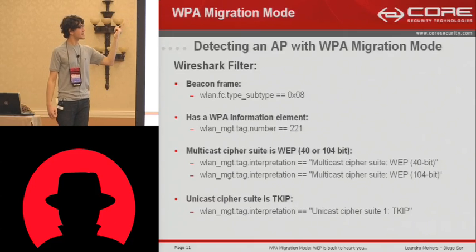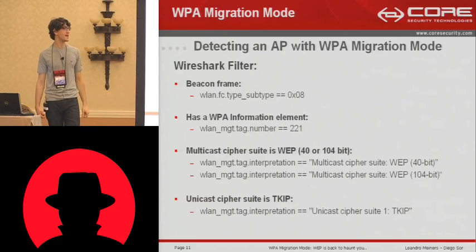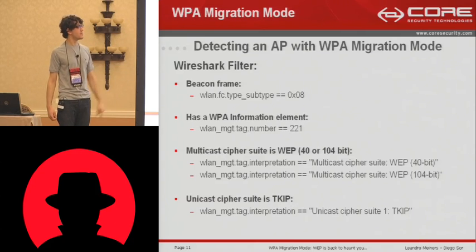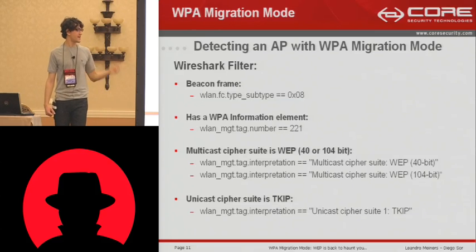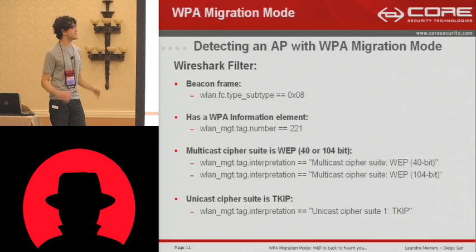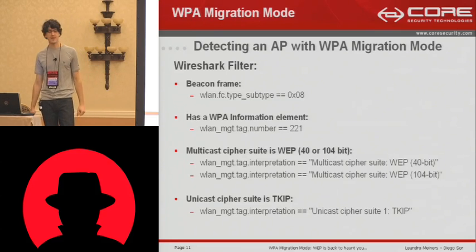Then the multicast cipher suite, which is inside one tag of the WPA element, must be multicast cipher suite WEP 40 bits or WEP 104 bits. And finally, the unicast cipher suite is TKIP. This is the basic element we have to look for when we are looking for an AP working in migration mode.